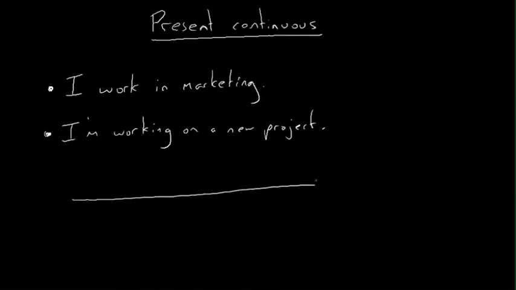If we think about this on our timeline, so we take the moment now, we said that when we see the verb, which is work, plus the ing and to be auxiliary, so we have the auxiliary verb to be and ing on the end of our main verb, that means it's something that is happening now.